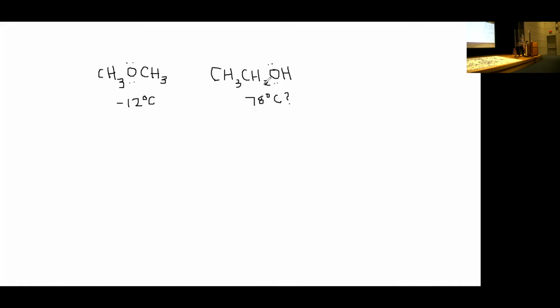That should almost be common knowledge for someone who has a college education: boiling is not a chemical change, it's a physical change. You're not breaking any covalent bonds. Anyway, you see the difference there is pretty dramatic, and that's almost strictly because of hydrogen bonding. Like I said, memorizing the boiling points, I don't really care if you do that, but that's something that I think we can understand.